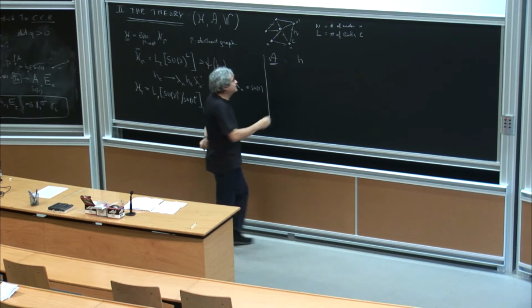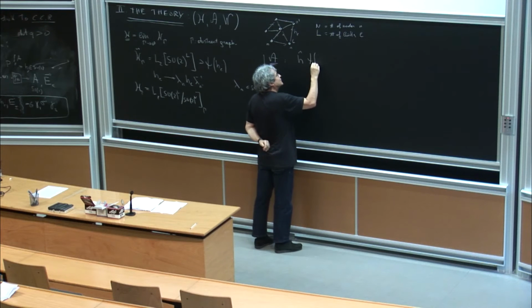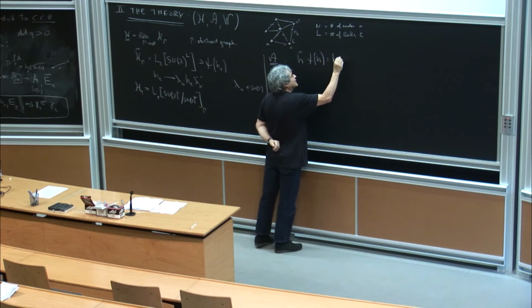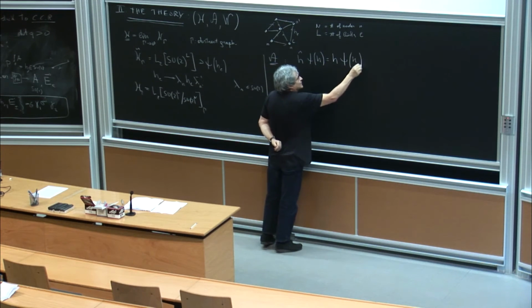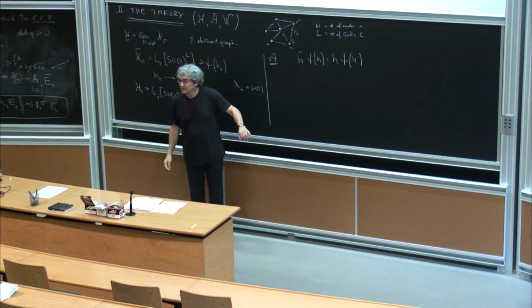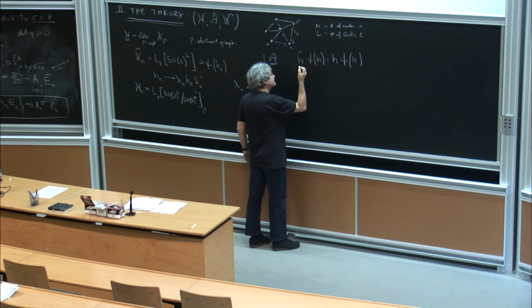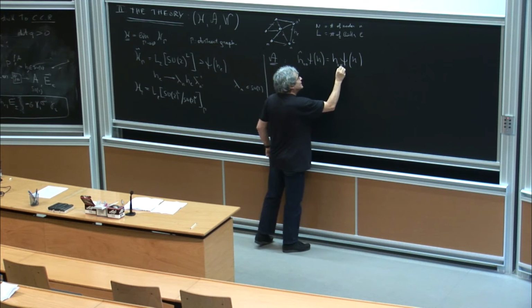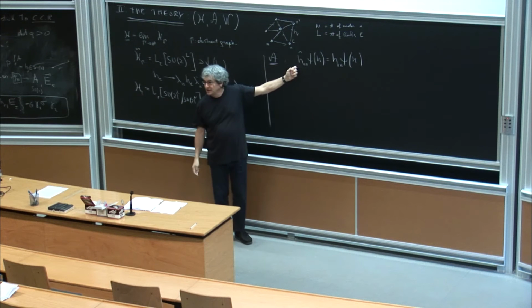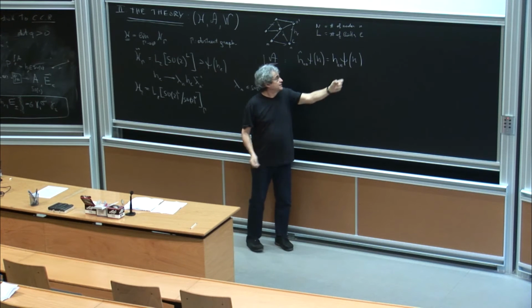I write as a physicist: the group element acts on the state diagonally by multiplying the state by the group element, which is a bad physical notation. So any function on the group becomes an operator which is simply multiplication.